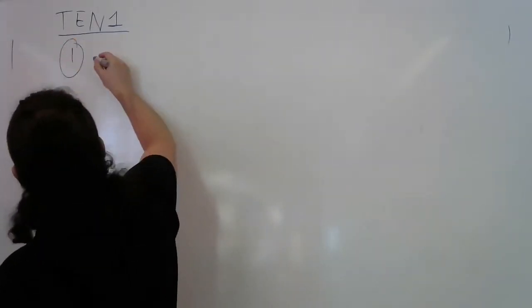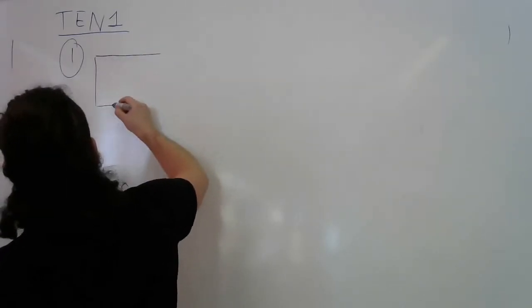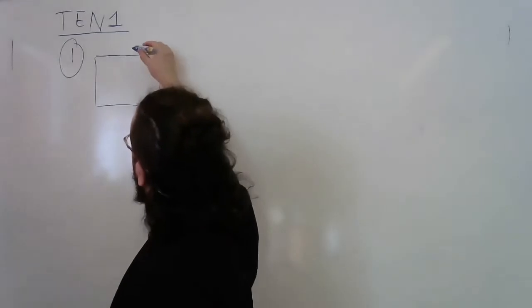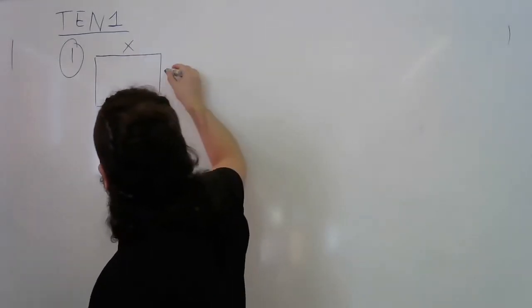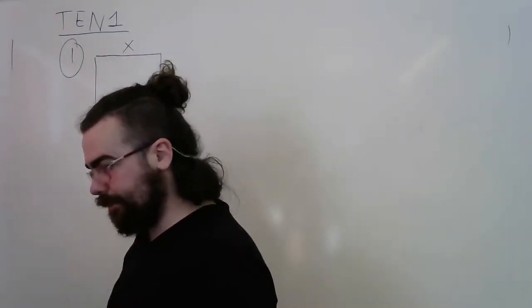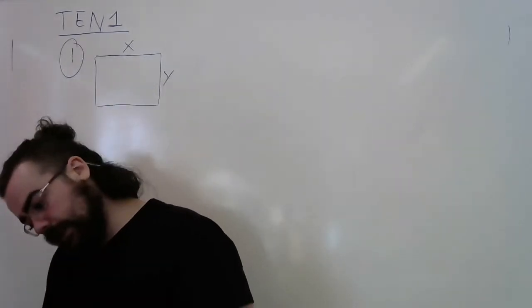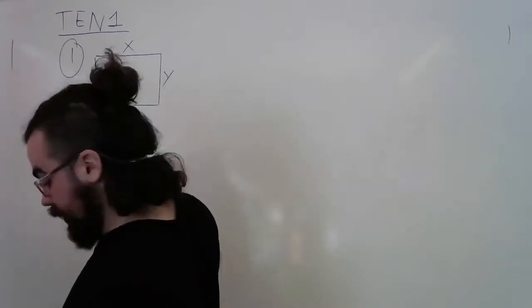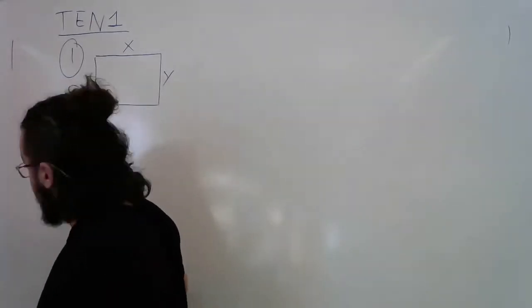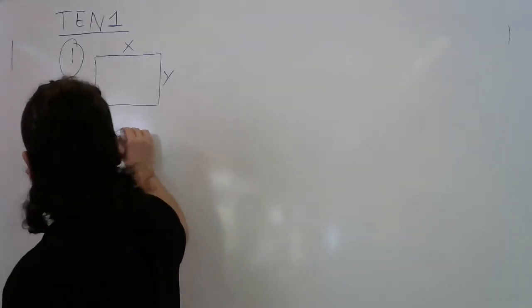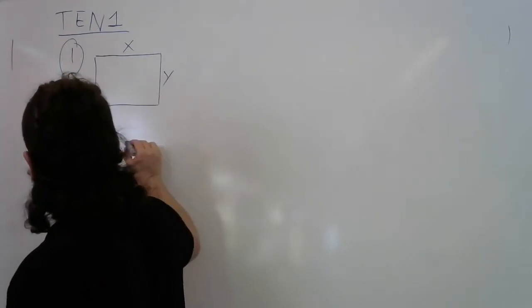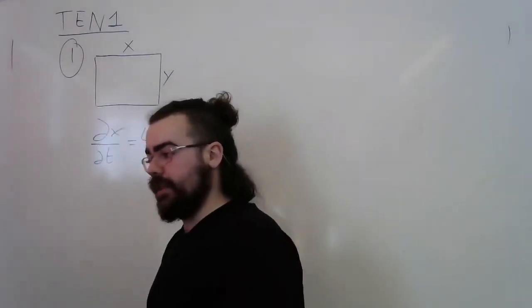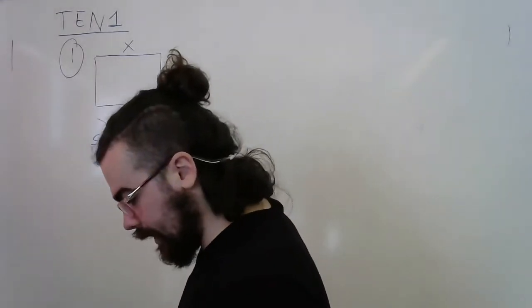For exercise 1, we have a rectangle, base x, height y. And it says the width increases at 4 meters per second. First piece of data.